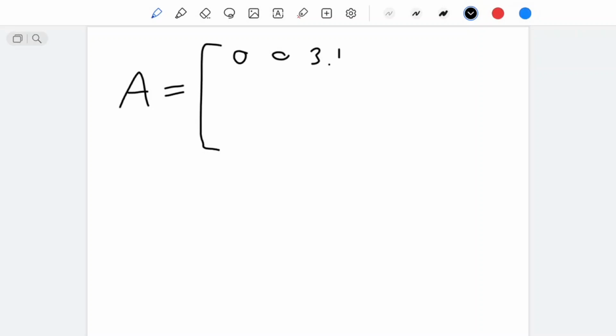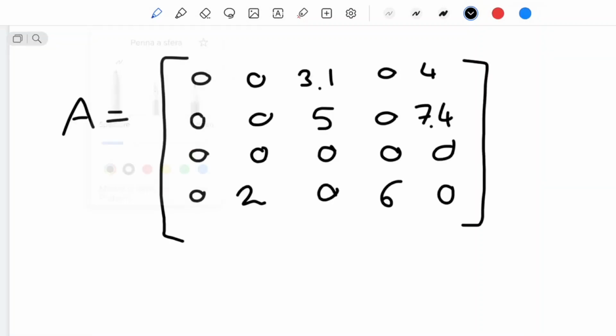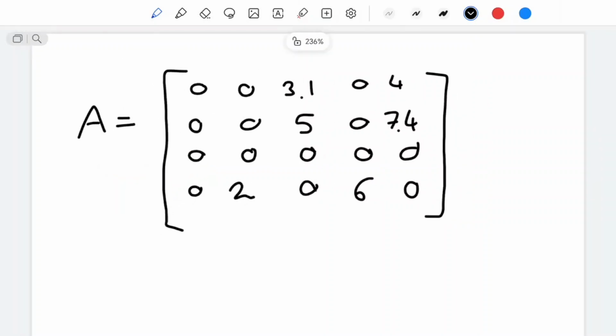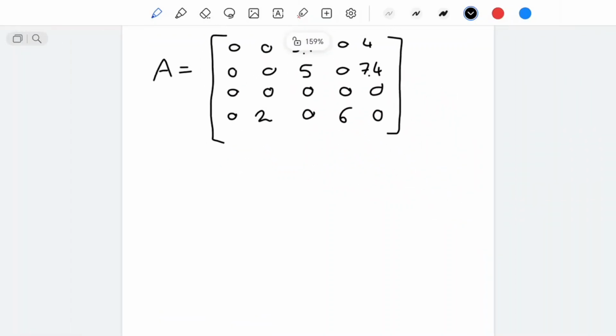3.1, 0, 4. Okay, I wrote all the matrix.